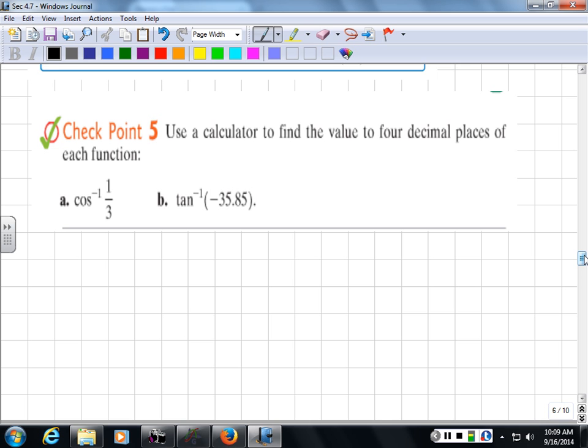But with these things, I don't have to do that. So if I want to do decimals, you just punch it in. I'm going to go shift cosine, and I'm going to do 1/3, which is 1 divided by 3. I'm going to hit enter, and I get 1.230959417.